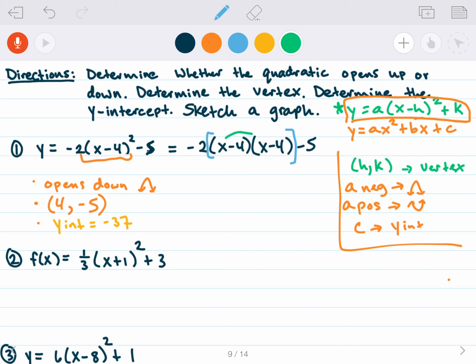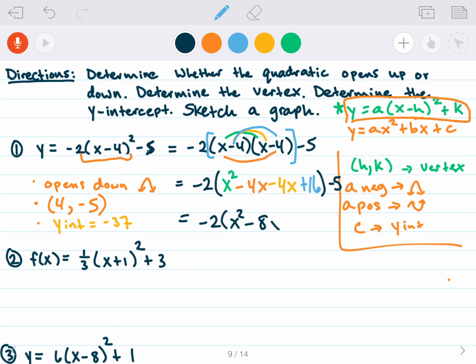So first, x times x is x squared. Outer, x times -4 is -4x. Inner, again, is -4 times x, -4x. And last but not least is -4 times -4, which is positive 16. Keep in mind this is all still multiplied by -2, and there's still a minus 5 at the end. Combining like terms on the inside, I get -8x. These guys make a -8x.